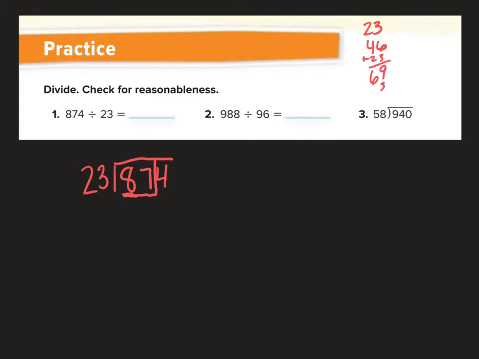If I add 23, I'm going to have too much. 92. Okay, so I can do 3 times, minus 69. 17 minus 9 is 8. 7 minus 6, 1. 184. Oh, okay. Well, here we go.